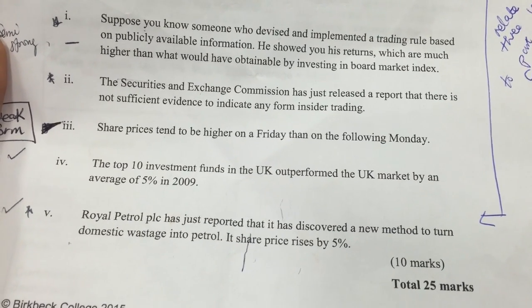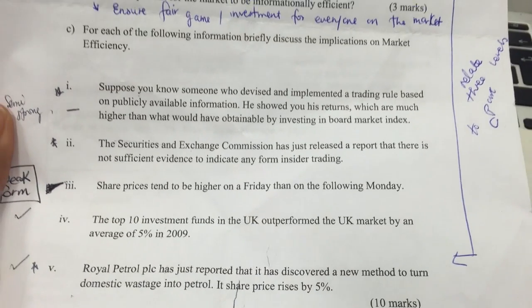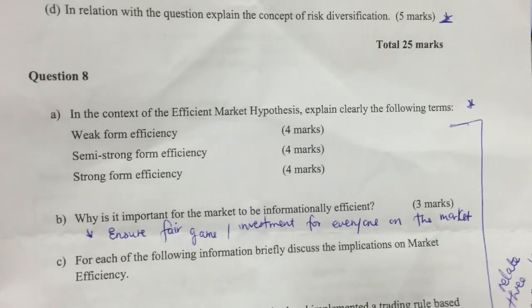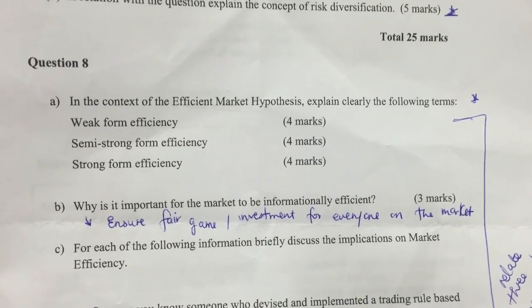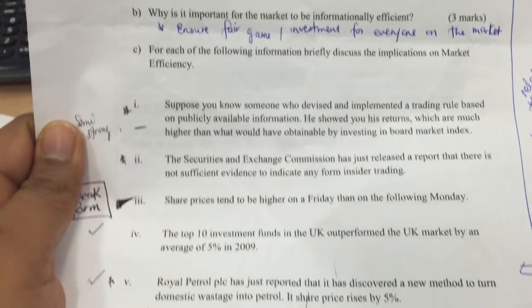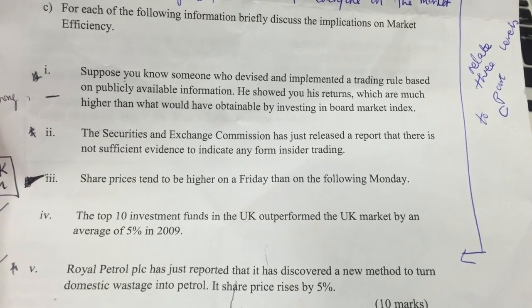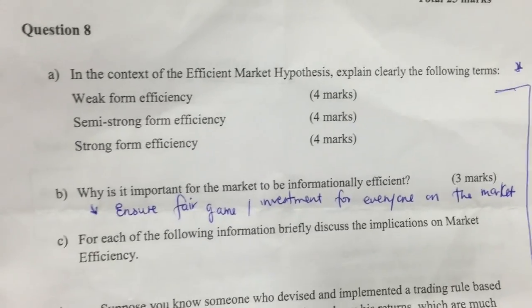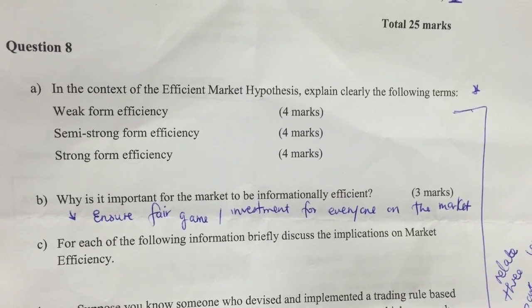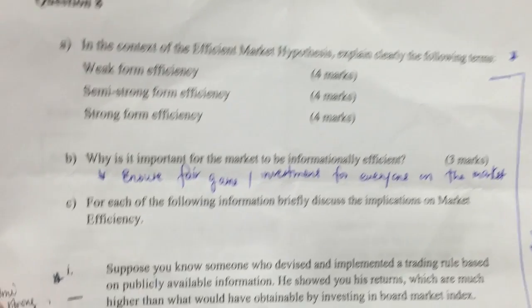So yesterday I went to see Christine, and I asked her how we would answer this question, and she said that we would look at the first part, which is question 8A, and relate it to C. So we would say whether it violates the hypothesis which we have explained in 8A, or whether it is consistent with the hypothesis which we have explained.